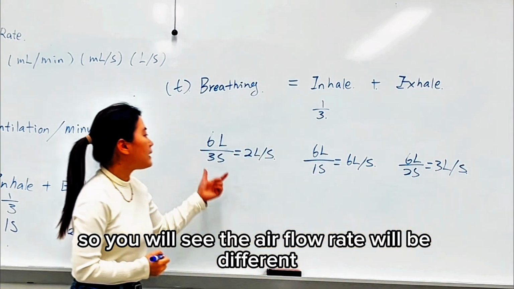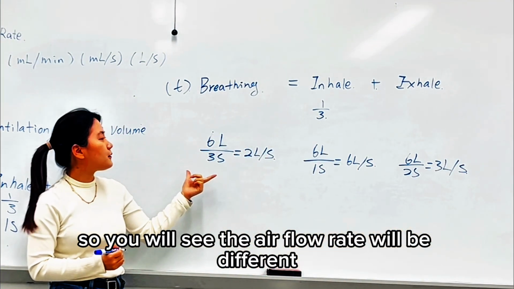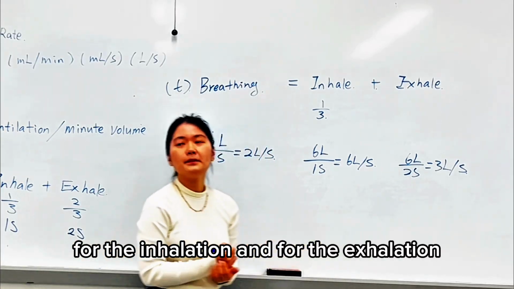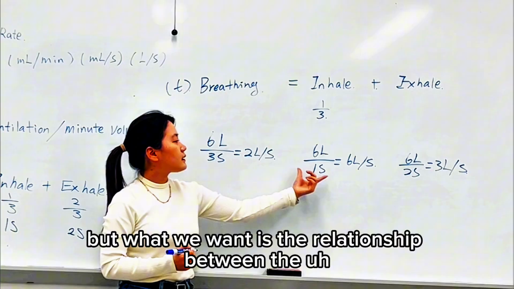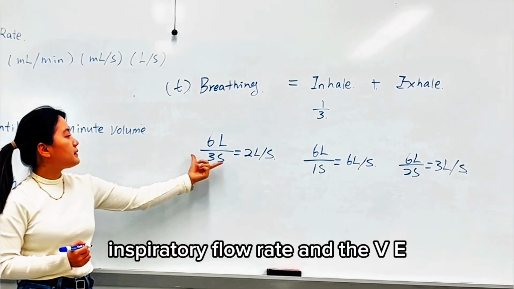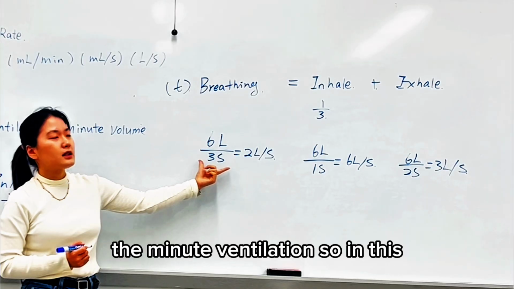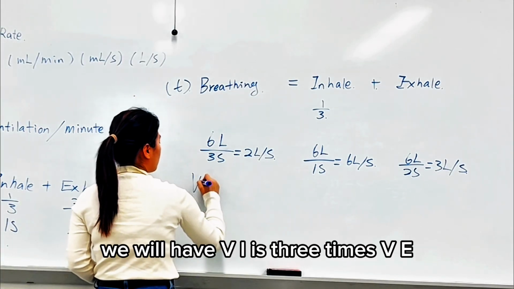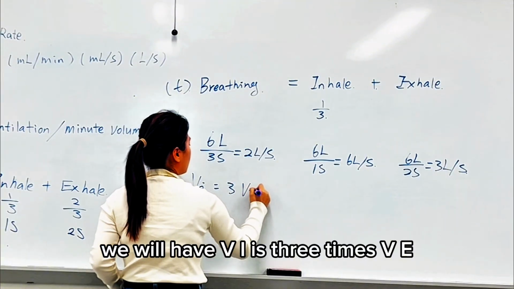So you will see the airflow rate is different for the full cycle, for the inhalation and for the exhalation. But what we want is the relationship between the inspiratory flow rate and the VE, the minute ventilation. Comparing these two, we have VI as 3 times VE.